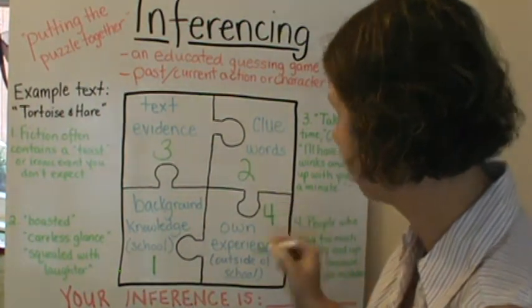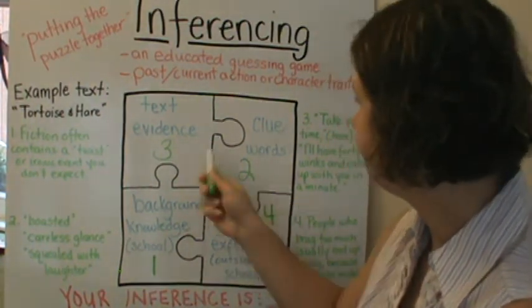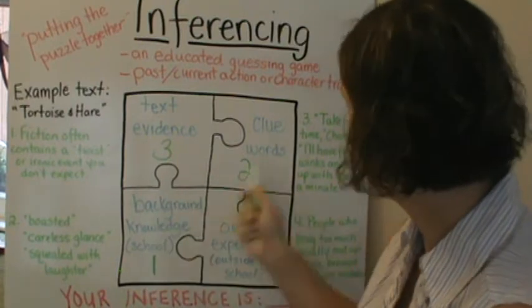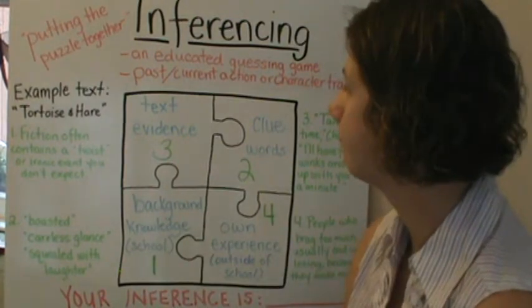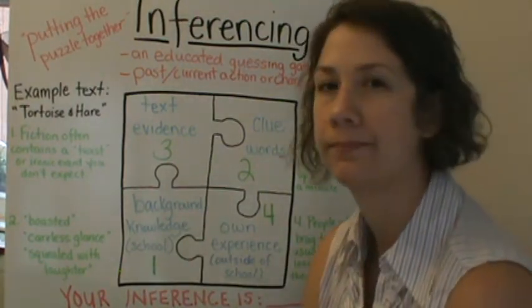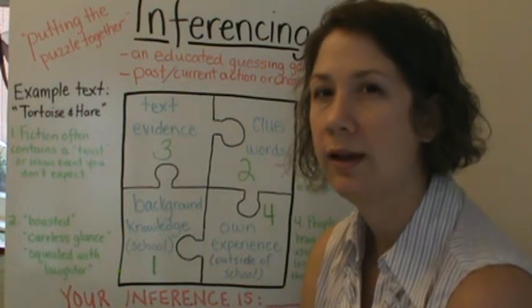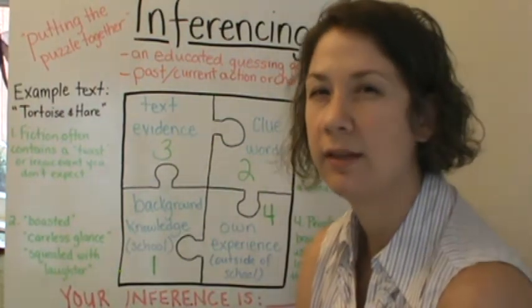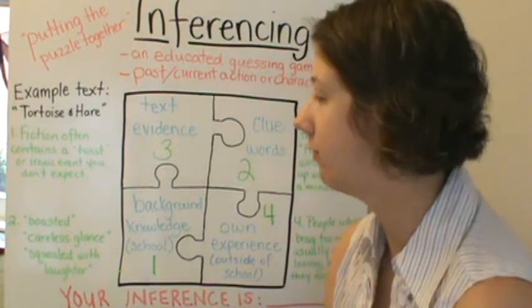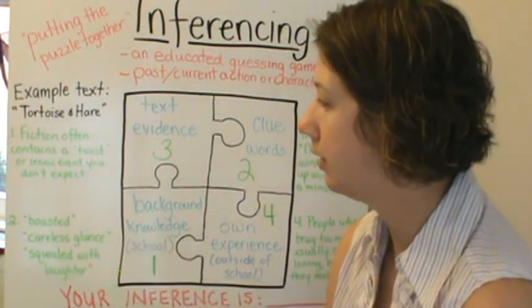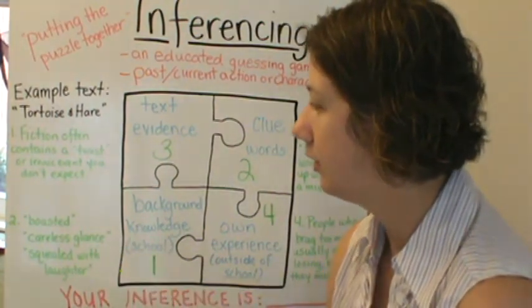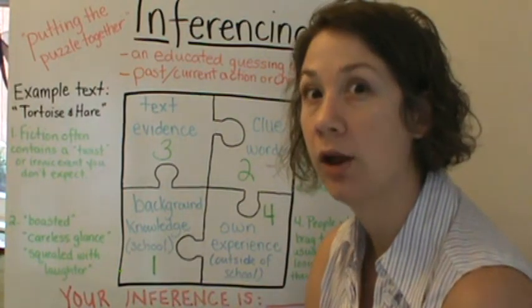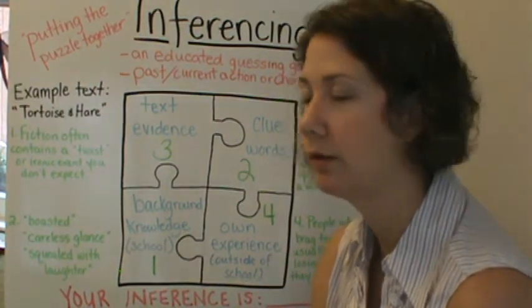Okay. So I'm going to put these 4 pieces together and I'm going to take a guess. What kind of character is the hare? If I knew that these were things that the hare did, he boasted.